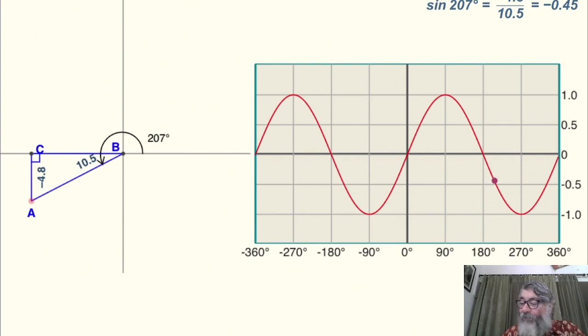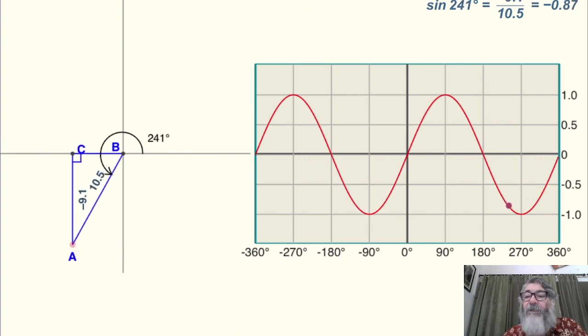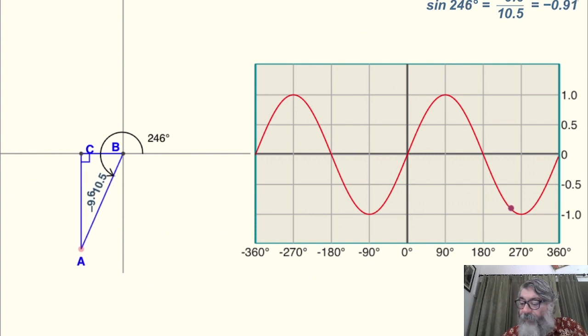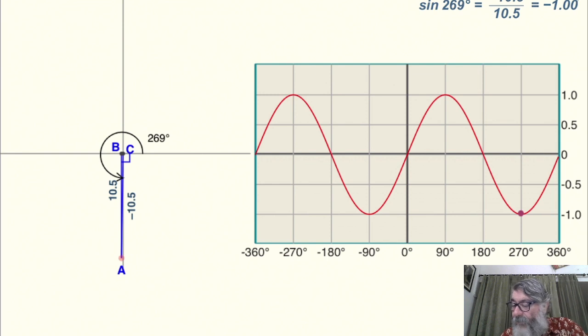So now the values are decreasing. You can see the movement of the red dot on the curve. Now I am taking it down to 270. It is showing 269.